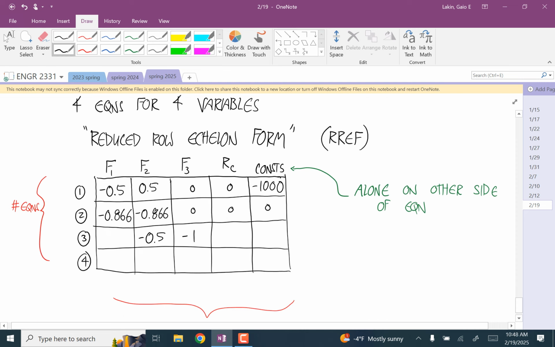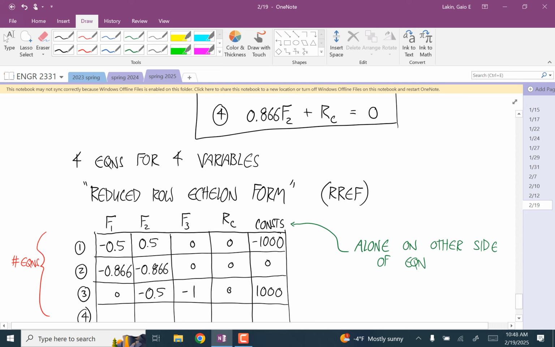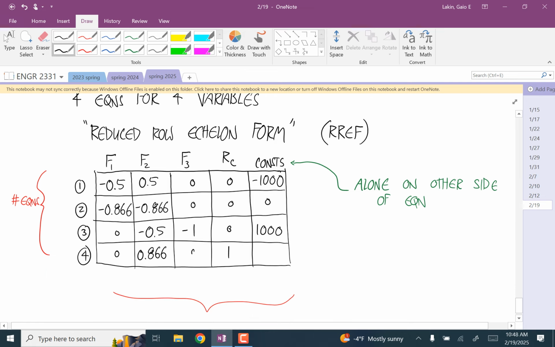F3s, we have negative 1. Constants, we have positive 1,000. And then zeros. And then the last equation says F2s, we have 0.866. RCs, we have 1. Everything else is zeros.